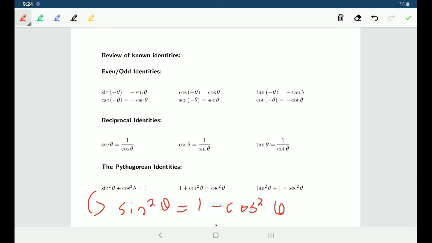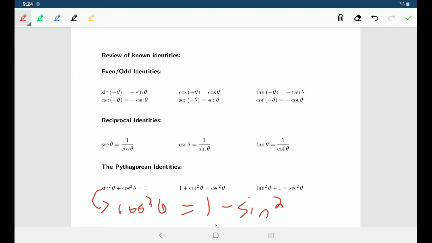So if you were able to make a 1 minus cosine squared happen, then you could replace it with sine squared. Or, equivalently, you could say that cosine squared theta is 1 minus sine squared theta. So if you were able to make a 1 minus sine squared happen, you can turn that into cosine squared. And the same thing could be said for the other 2 equations.